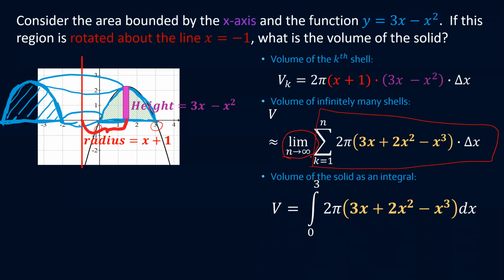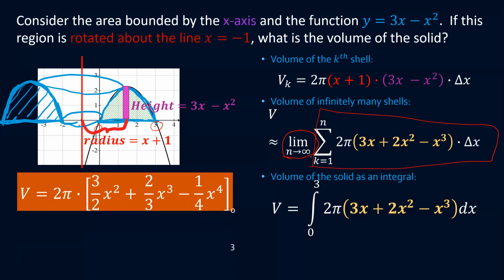And then the integration is just basic integration. Take the integral from 0 to 3, plug in the numbers, and you have volume is 45 pi over 2. So I saved you all of that tedious work, but you should go ahead and plug in 3 to make sure that's the correct answer.